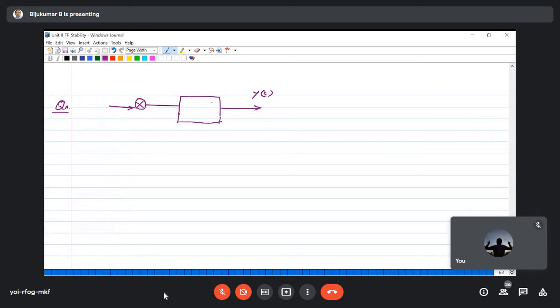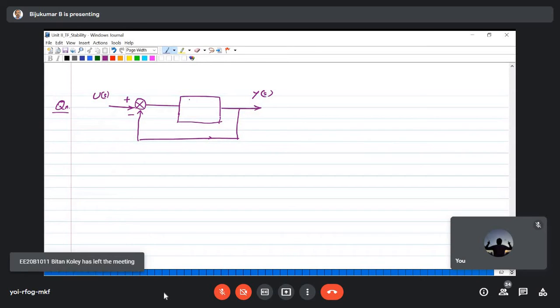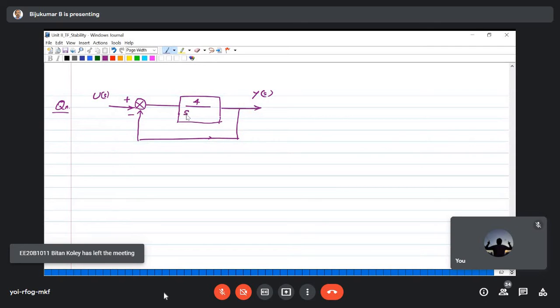This is the output Y(s), input E(s). It is a negative unity feedback system, and the forward path gain is 4 divided by s multiplied by (s plus 4). Okay.